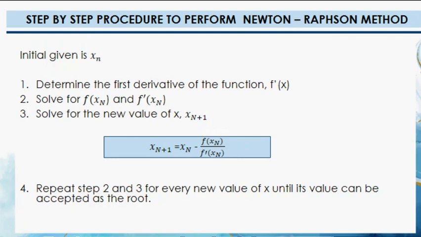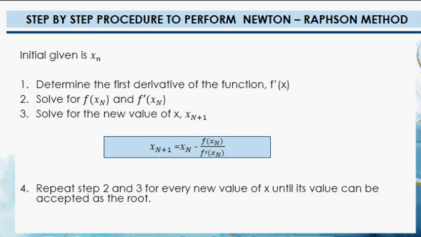So ano ba yung procedure para ma-solve natin ang isang equation gamit yung Newton-Raphson method? So ang kailangan lang natin dito, class, is magkaroon tayo ng initial given na x sub n. So isa lang ang kailangan natin na initial na given. So first, we have to determine the first derivative of the function, which is f prime of x.